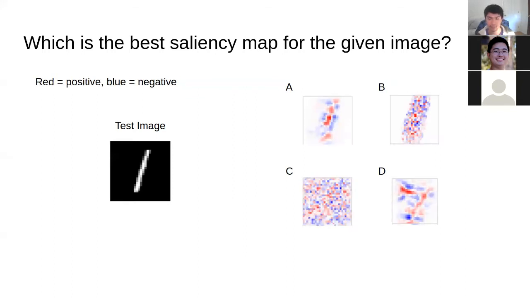I don't take the absolute value of everything and instead just show the raw positive and negative values. I guess I won't relaunch the poll because I sort of explained a lot already. In this case, red corresponds to positive, blue corresponds to negative, and white is just 0. And we see the same shape.